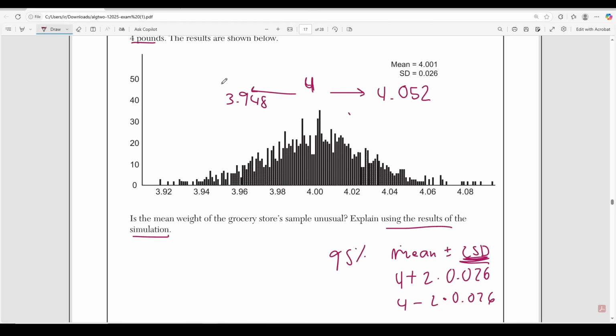So that means that only 5% of simulations give you numbers that are outside of this range. Now, you tell me, if something has a 5% chance of occurring, is that normal? Is that common? Is that going to happen every single day? No. How about something that has a 95% chance of occurring? Is that going to occur pretty much all the time? Yeah, right? That's really close to 100%. So 95% of the bags are going to contain between 3.948 pounds and 4.052 pounds.